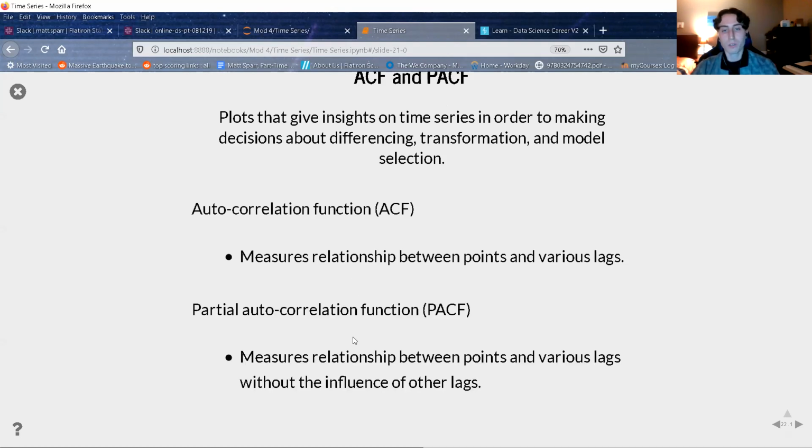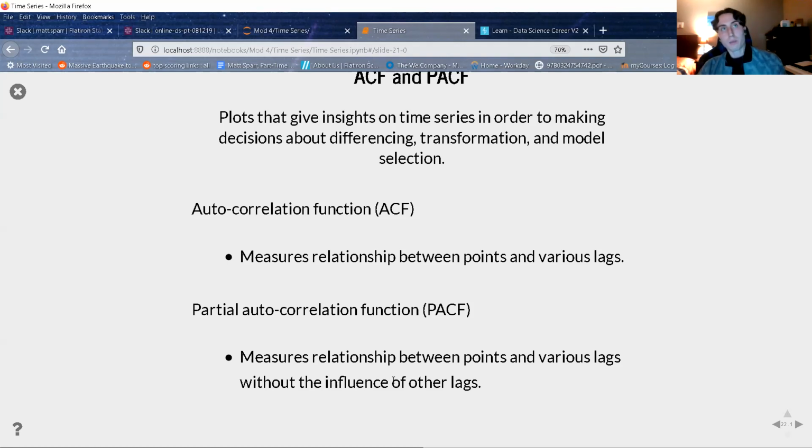So the difference between the two, the autocorrelation, the ACF, just measures the absolute relationship between points and various lag amounts, while the partial autocorrelation function, PACF, measures only the current lag you're at and not other lags.